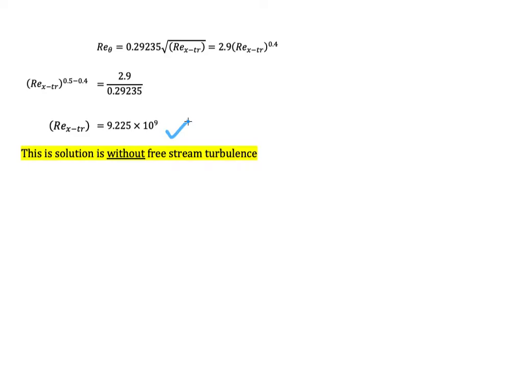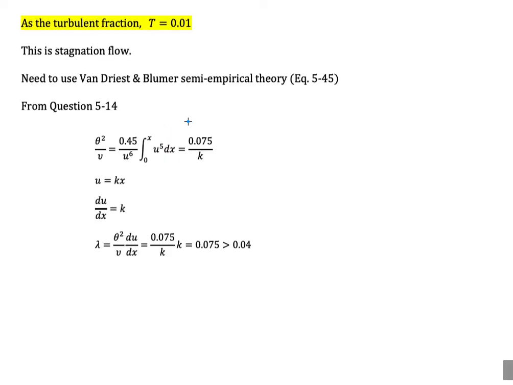So if we want to calculate with a free stream turbulence, we need to take the value of t equal to 0.01. Because it is stagnation flow, first we need to calculate the value of theta square over nu by using the Thwaites equation like this one.